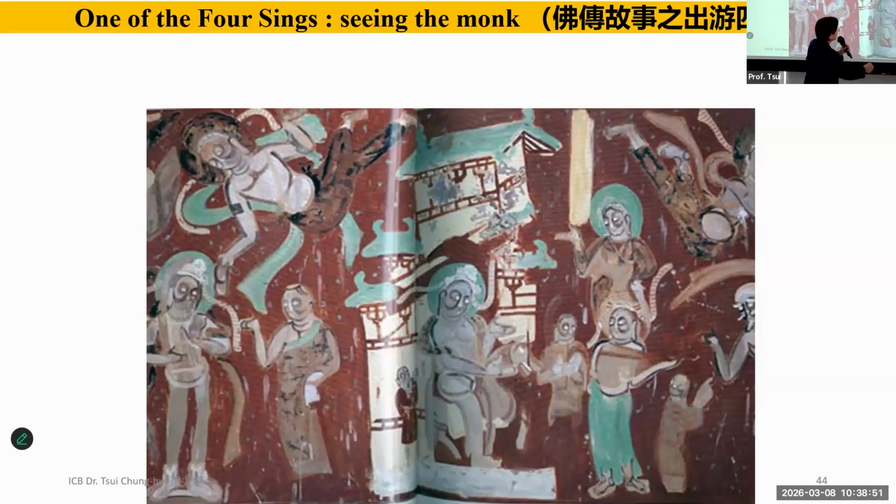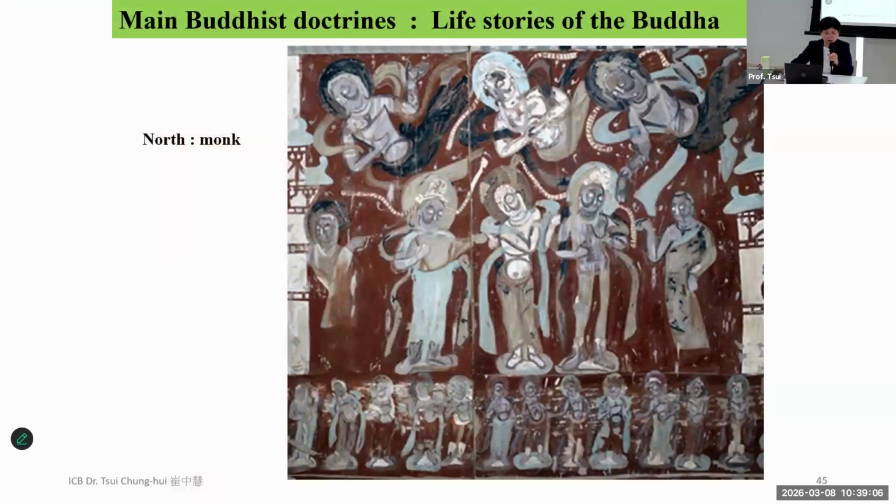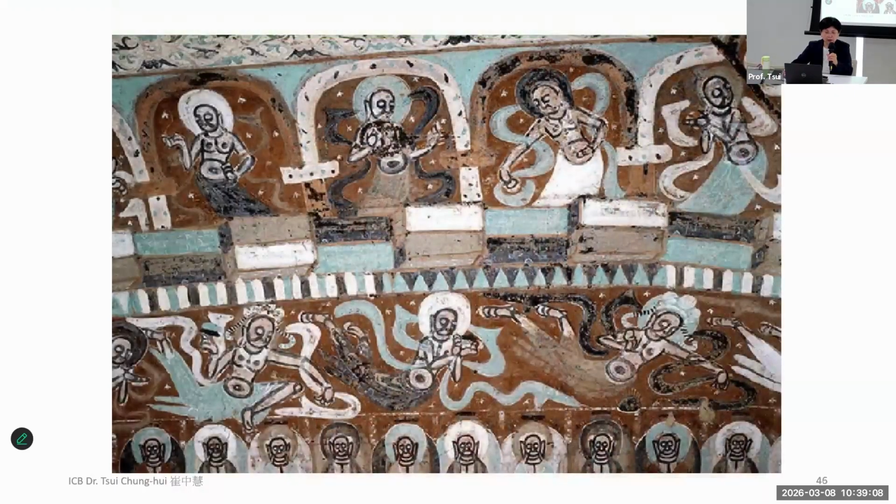So it is a shading technique influenced from India. So we have the figure in the Northern Liang, a very typical painting style with the influence from Indian and Central Asian painting style. And we also have the flying angel.